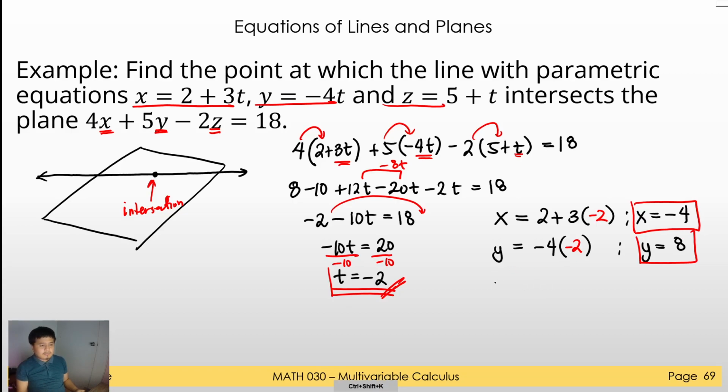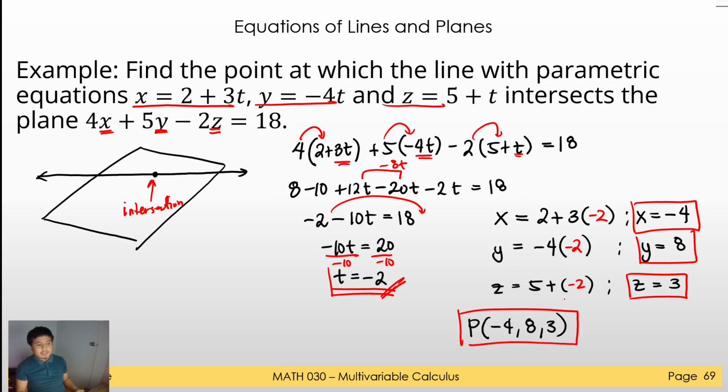And for z, we have 5 plus negative 2, which is equal to 3. Therefore, the point of intersection is negative 4, 8, and 3. You can write this in this form or in this form.